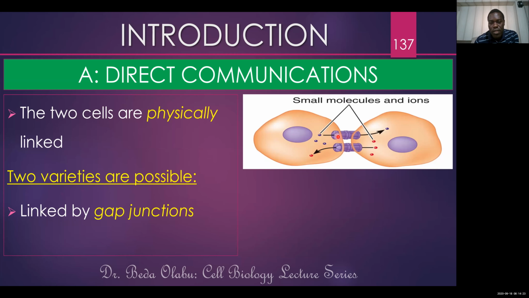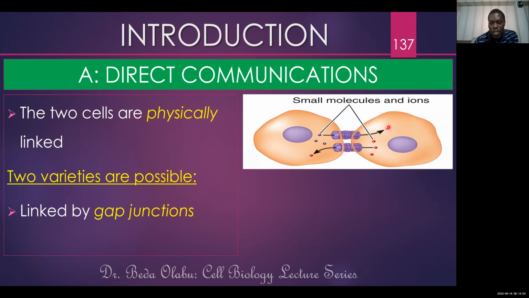Gap junctions enable the cytoplasm of this cell and the cytoplasm of the other cell to be continuous. That means that if there is any ion here, like this molecule, it can easily diffuse to the other one.